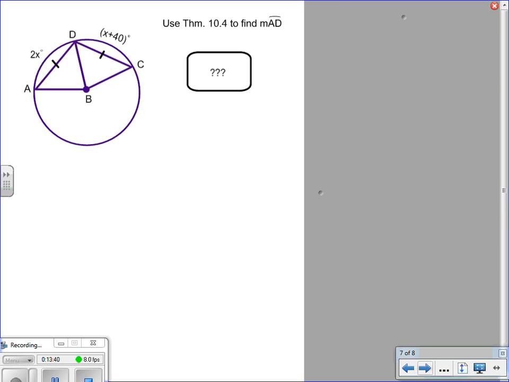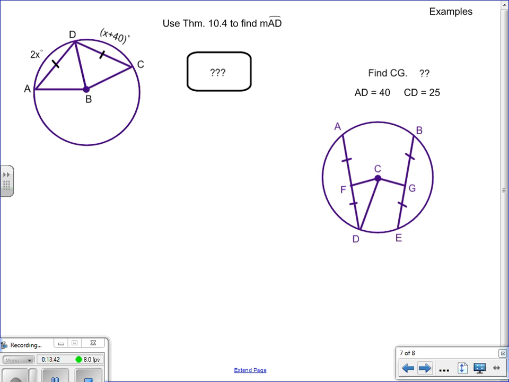All right, here's one last example. Now, this doesn't tell you what theorem to use, so you've got to break down what the diagram is telling us. We want to find CG. In blue, that question mark is what we want to find.